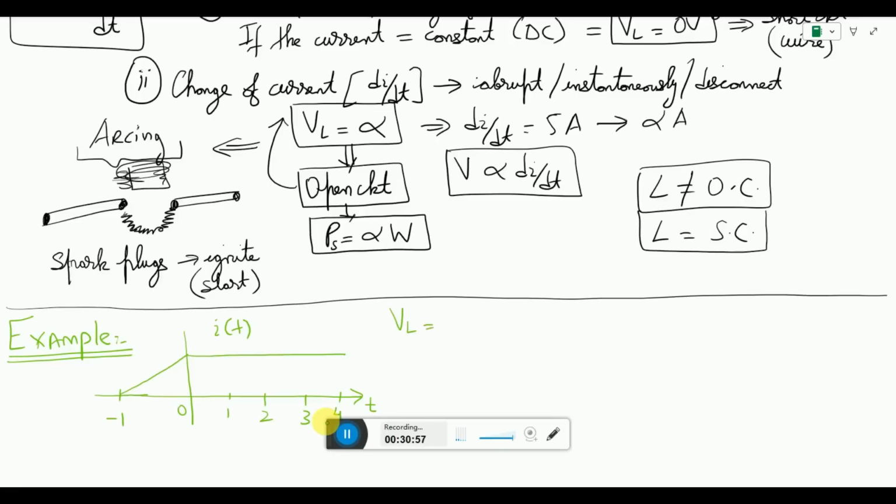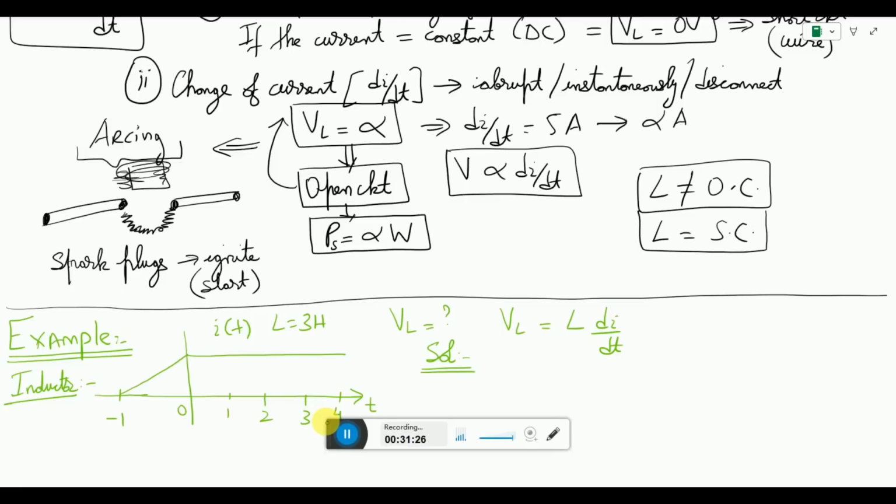We know that this example is associated with analyzing the inductor. In order to find the voltage, we need to know the inductance and the rate of change of current. So let us say for this example, the inductance value is 3 Henry.